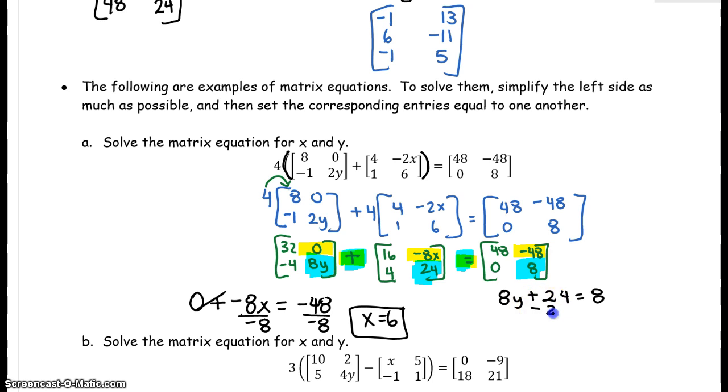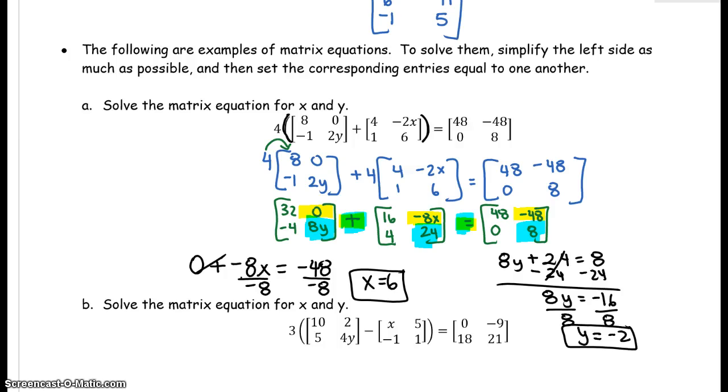We're going to solve. Subtract 24 on both sides. 8y equals -16. Divide by 8, and y equals -2. So our answer is x equals 6 and y equals -2. We don't have to write it as a point because these are not intersecting at a location.